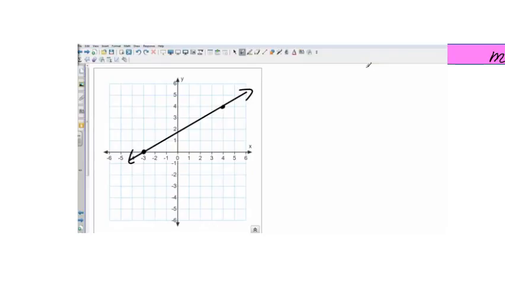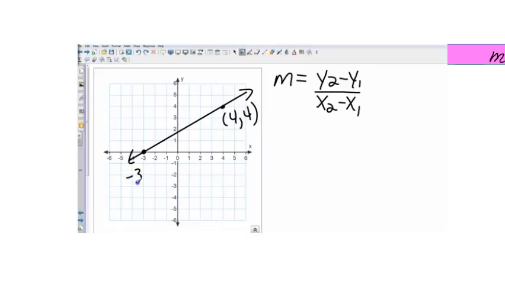I can use my slope formula: y2 minus y1 over x2 minus x1. So I'll have to label these coordinates. This one is 4, 4. And this one is negative 3, 0. So I could substitute those in. I'll use the negative 3, 0 as the first one and the 4, 4 as the second one.